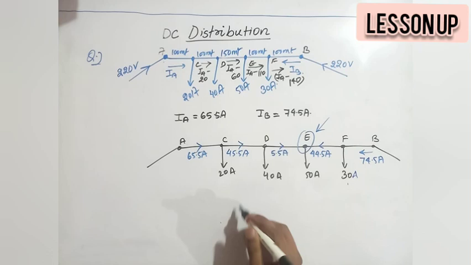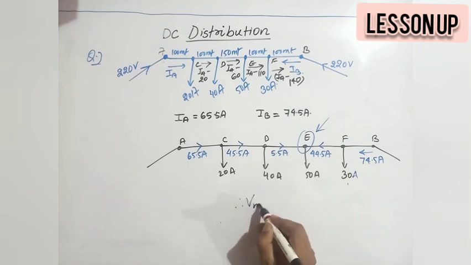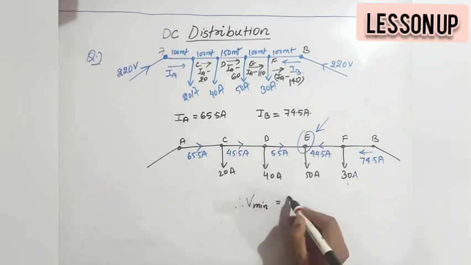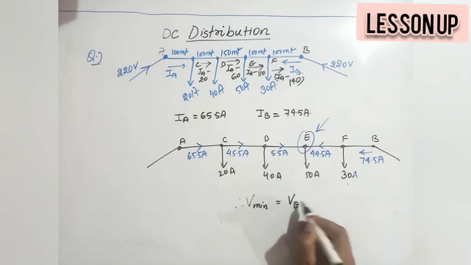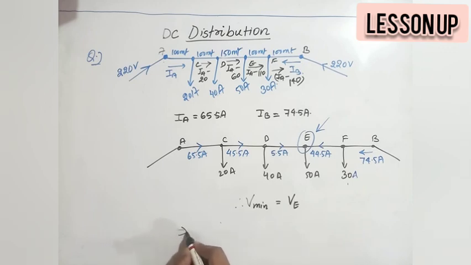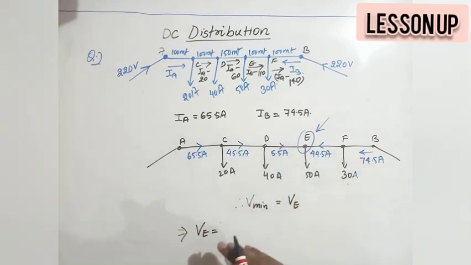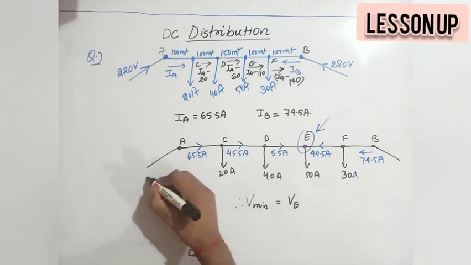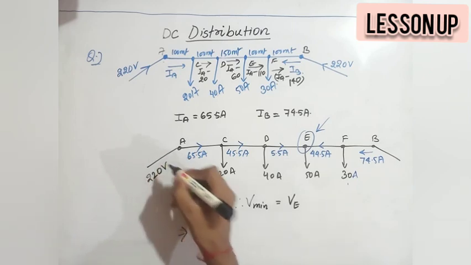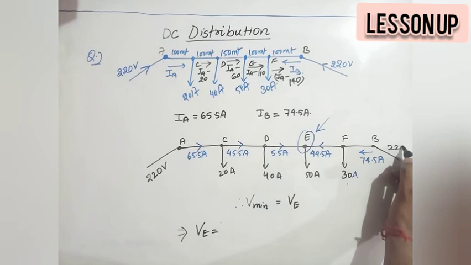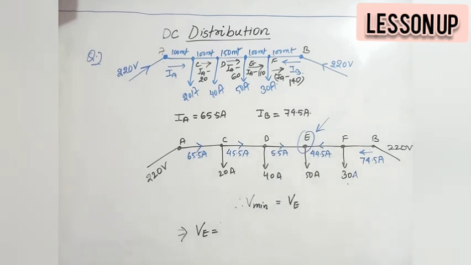Therefore V min is equal to VE. The minimum potential you will get at point E. To calculate VE, we do the same equation. From this point we can take from any side. From here it is 220 volt, from here also it is 220 volt.